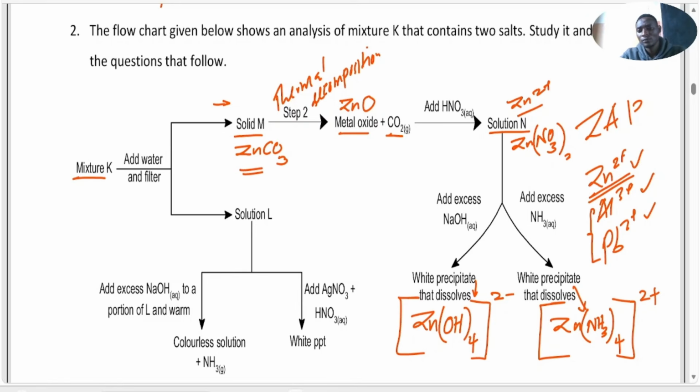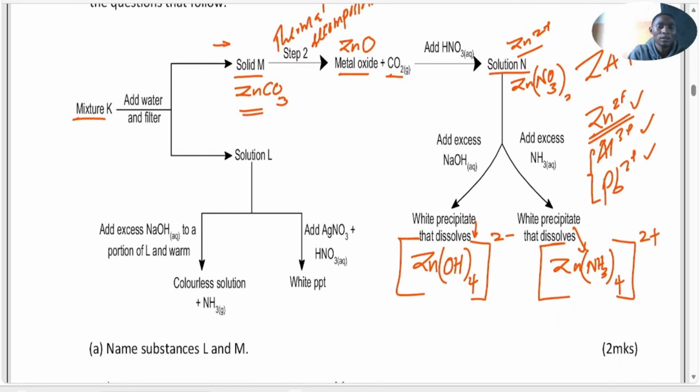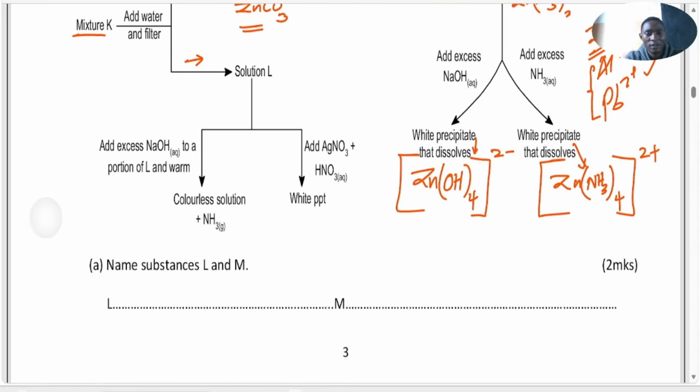So with that summary on that side, we can now move to the other route where, after adding water, it was a mixture. So it was zinc carbonate, and then we have solution L. This solution L, when excess sodium hydroxide is added to a portion of L and it is warmed, gives a colorless solution and ammonia gas is produced.